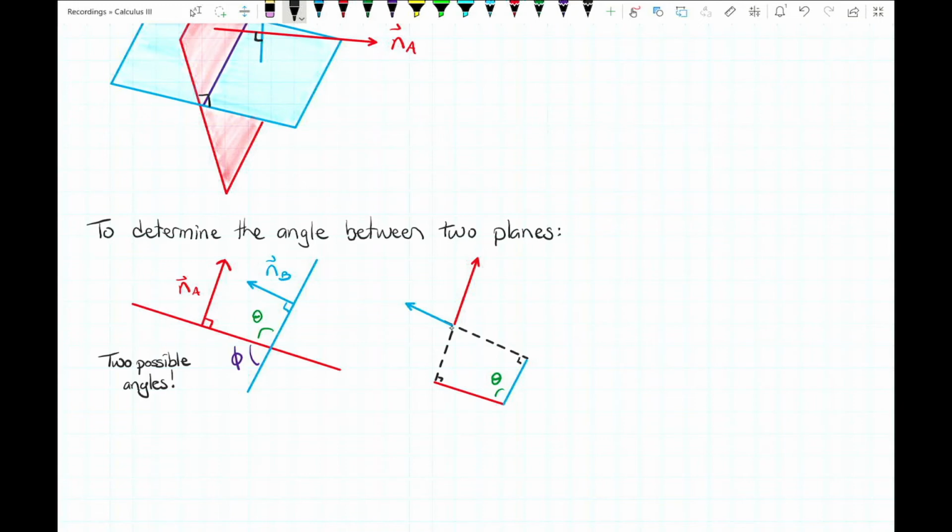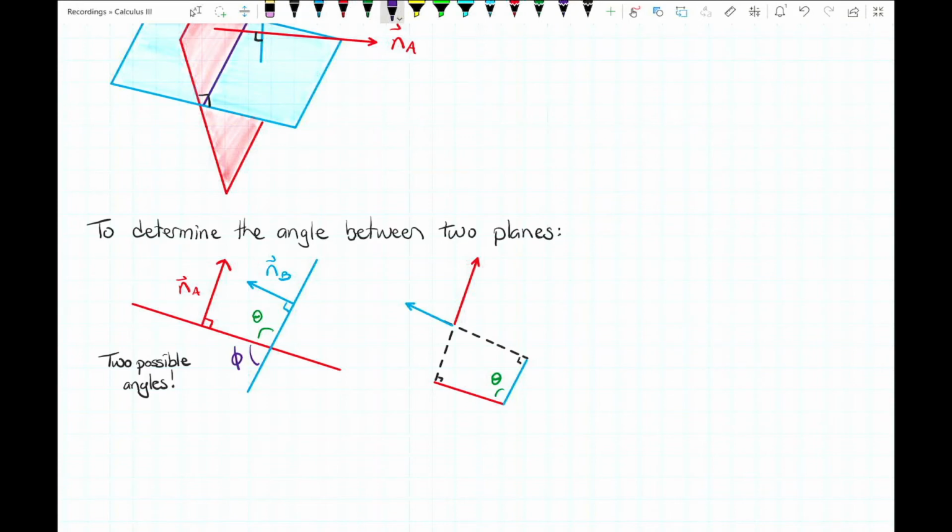And that would be exactly at the corner opposite our angle theta. Now, since the angles in a quadrilateral add up to 360 degrees, or 2 pi radians, and we have two right angles, that means that the opposite angles, theta, and the one over here at the top, must add to 180 degrees, or pi radians.